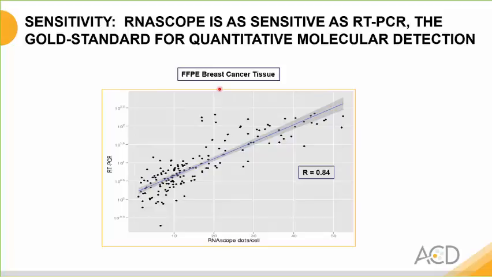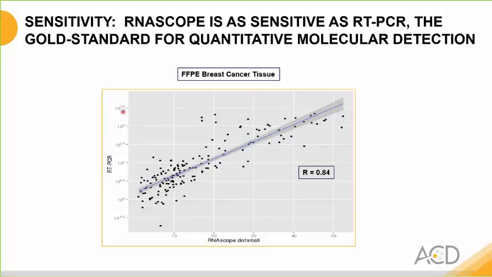In comparison to real-time PCR or quantitative PCR, RNAscope shows similar sensitivity and limit of detection in experiments looking at expression of the HER2 biomarker in the spectrum of human breast cancer tissues in the left hand panel. The number of dots per cell was highly correlated with transcript levels as determined by real-time PCR.